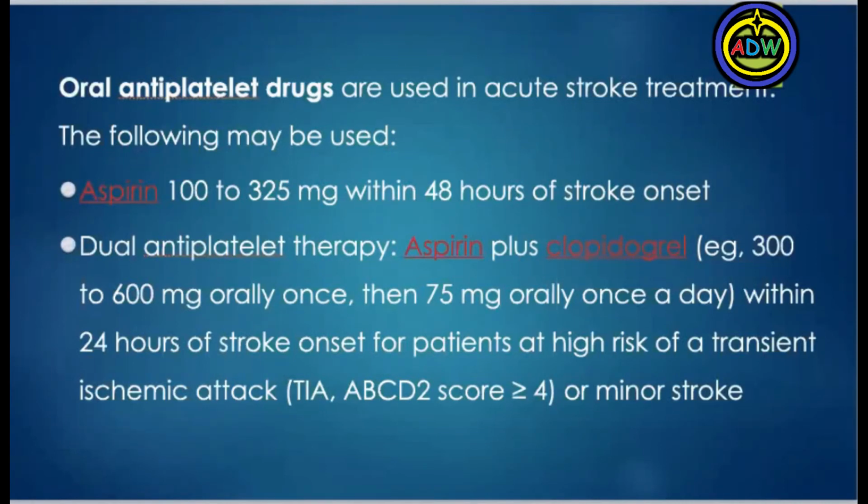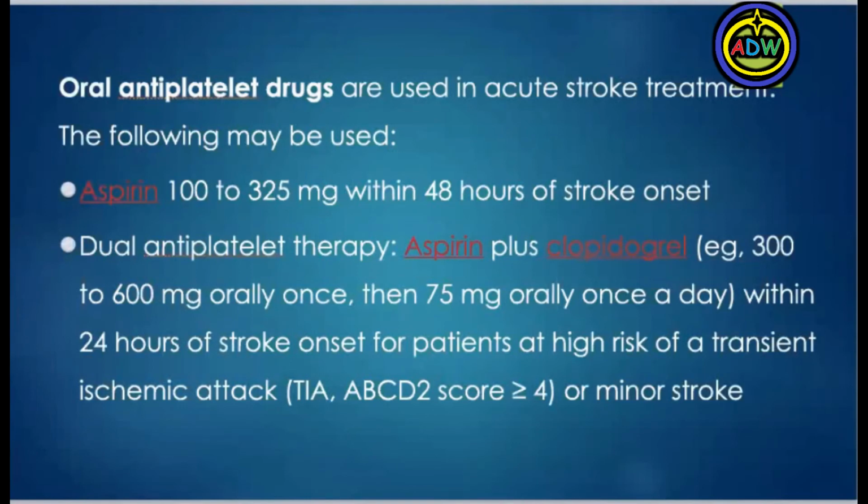Dual antiplatelet therapy: we can give 2 drugs together, aspirin and clopidogrel. Aspirin is about 300 to 600 mg orally, given once. Then 75 mg orally once a day.